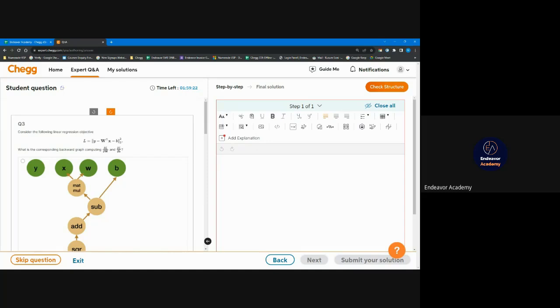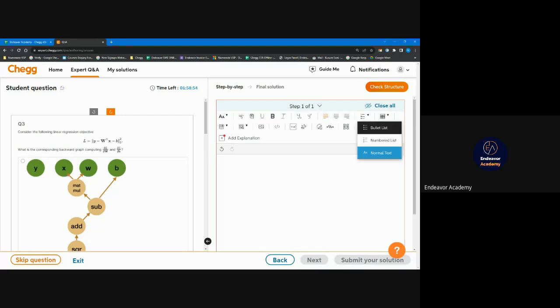Let's say I want to write x square, I will use the superscript button, like this. And if I want to write a subscript, I will use this button. The next tool is alignment: left aligned, center aligned and right aligned. We always have to use left aligned.